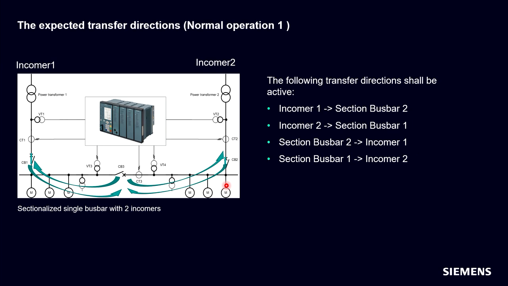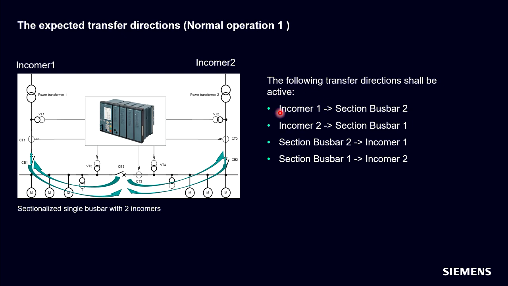Now we have a closer look at these kinds of normal operations, so the expected transfer directions in this application. The following transfer directions shall be activated in the device. You can instantiate the transfer direction by putting some transfer directions from the library into the project, and then you define from which direction you want to switch.